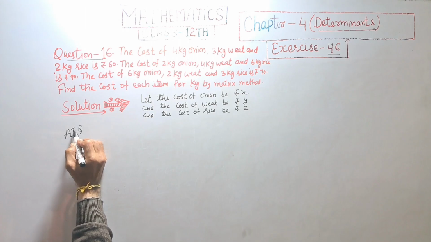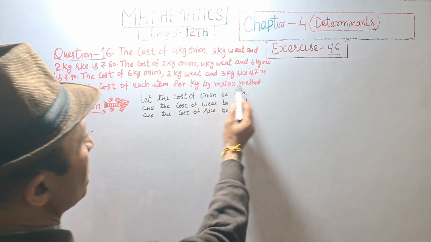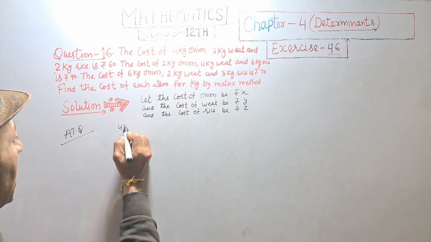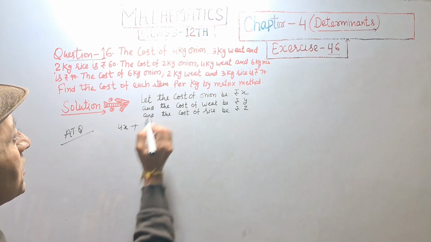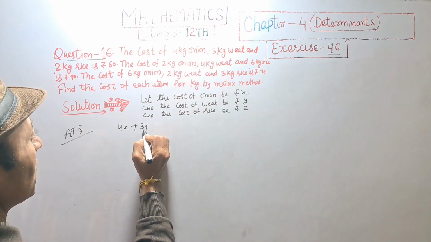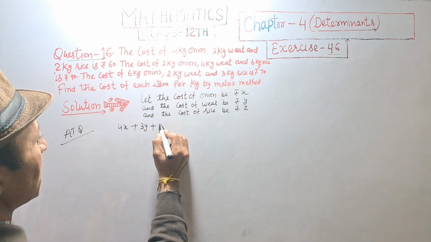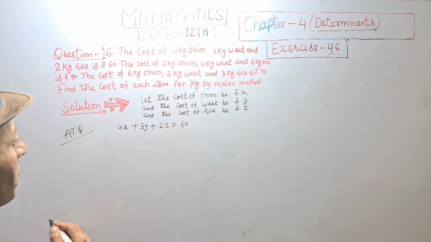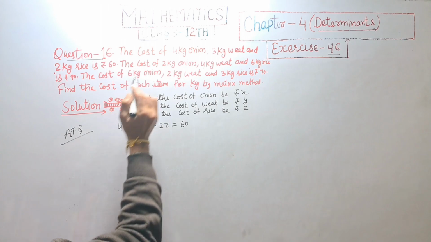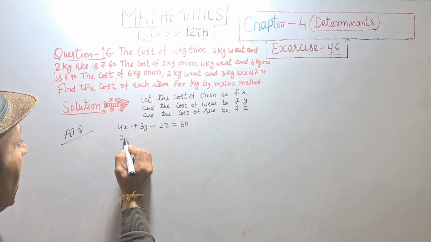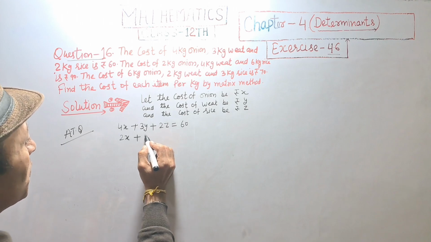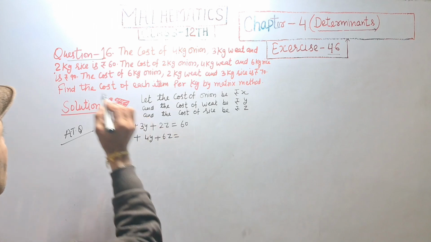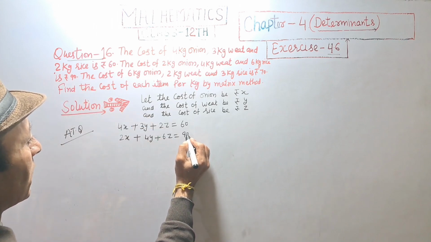According to question, by matrix method, first equation will be 4x plus 3y plus 2z is equal to 60 and the cost of 2 kg, 2x plus 4y plus 6z is equal to 90.